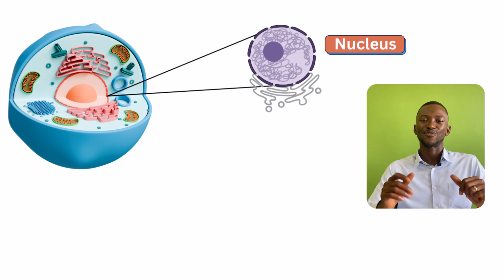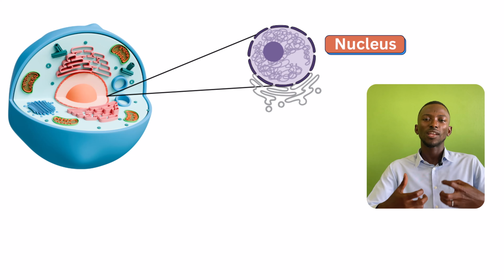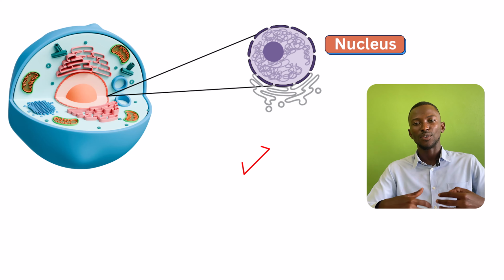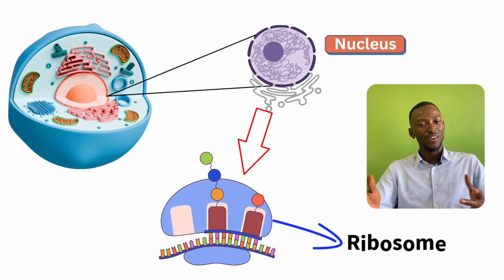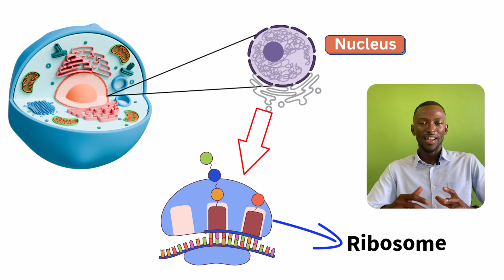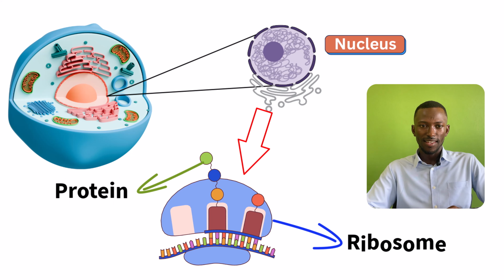Yes, that's very true. But the nucleus on its own cannot make these proteins. So it sends this information, and with the help of ribosomes and different kinds of RNA, protein can be synthesized in a process called protein synthesis. So here are some of the organelles found in both plant and animal cells that are so important to the survival of these living things.